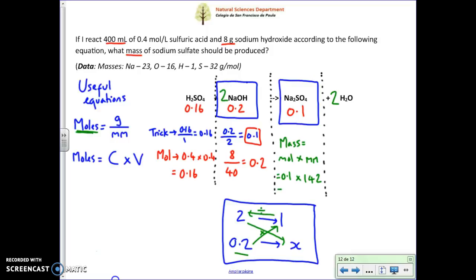What is 0.1 multiplied by 142? It's 14.2. What units are we talking about if we're calculating the mass? 14.2 grams. That is my answer.